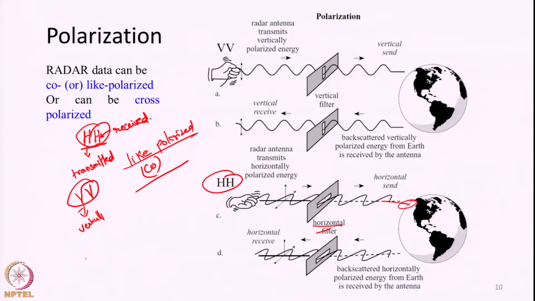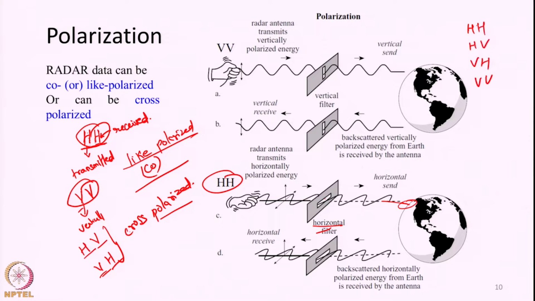But certain systems are capable of transmitting in one polarization and receiving the waves that come in the other polarization, HV or VH. Transmission is H and reception is V, or transmission is V and reception is H. Such systems are called cross polarized. So essentially, if you combine these, microwave systems can operate at HH, HV, VH, VV. These are copolarized and these are cross polarized.